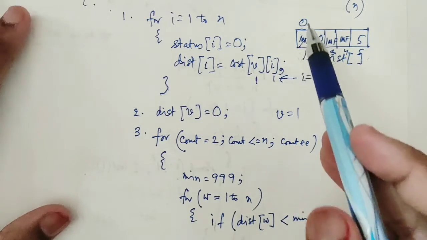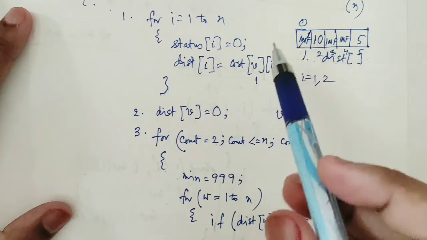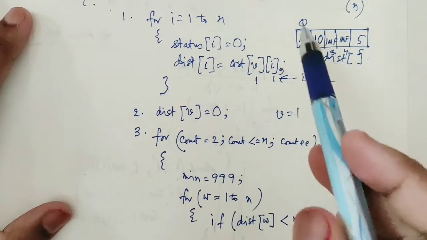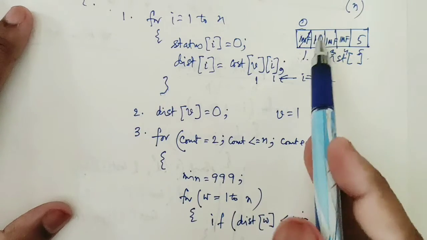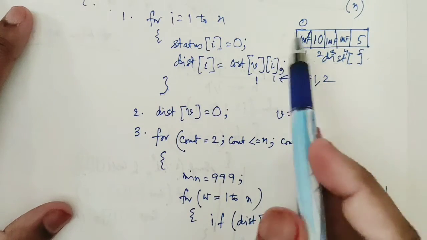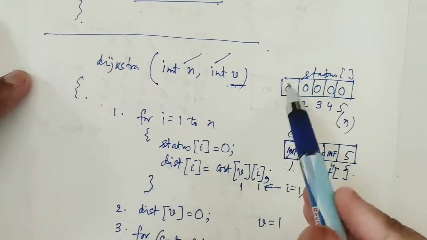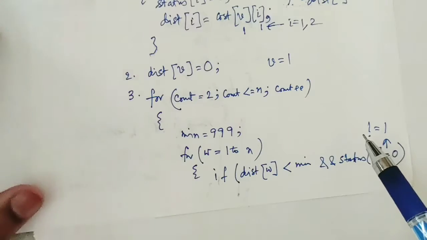But once vertex 1 completes its execution, the array remains, but you should not consider vertex 1 again, because as far as the Dijkstra algorithm is concerned, once a vertex is covered, you need not reconsider it. So among the remaining vertices, you have to identify the min. Once this one is visited, its status field will also be 1. So both parameters must be checked.